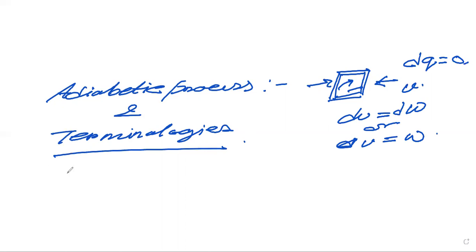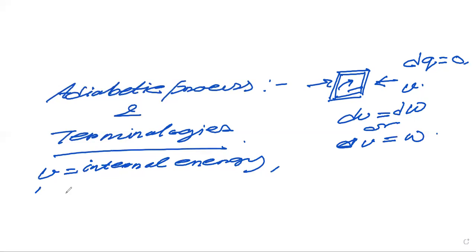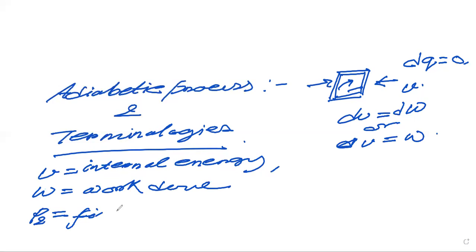U equals internal energy, W equals work done, P2 equals final pressure, and P1 equals initial pressure.